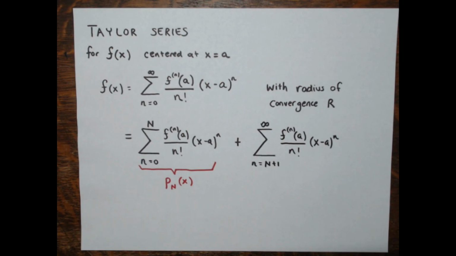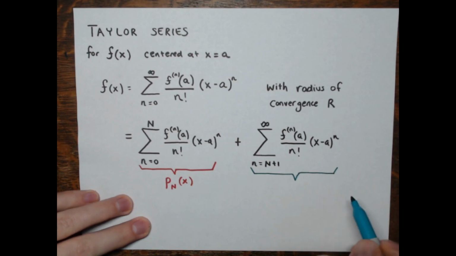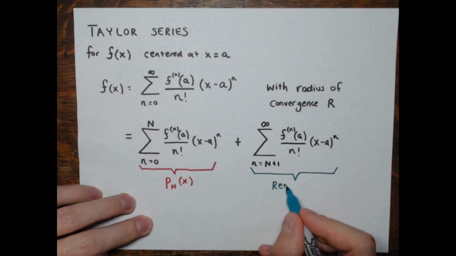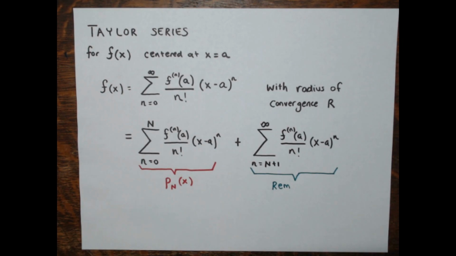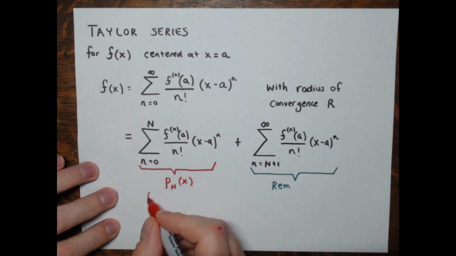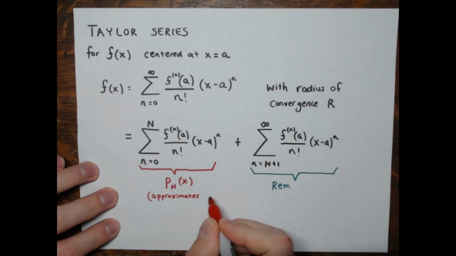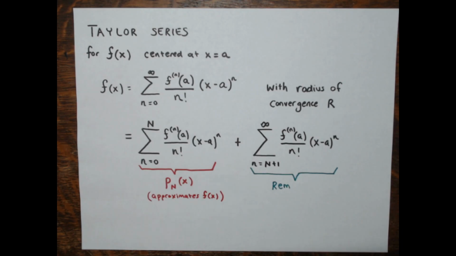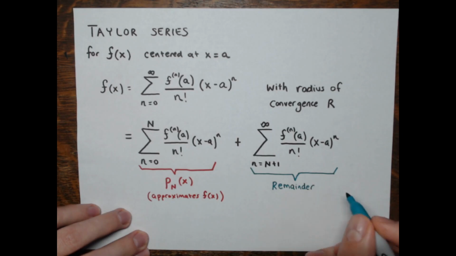This is called the remainder or the error in our approximation. Right, so again, this polynomial up to capital N here, this is what we're going to use to approximate f at x, and then the rest of it is the remainder, what's left over.